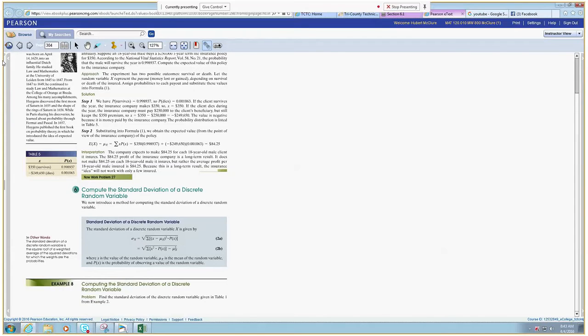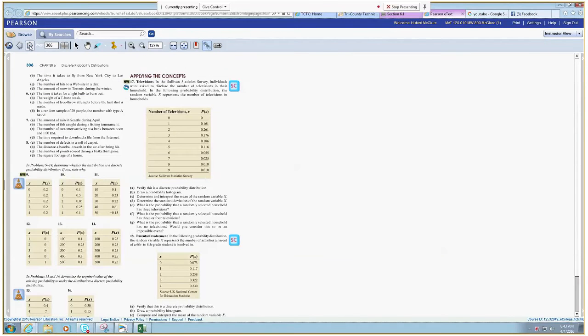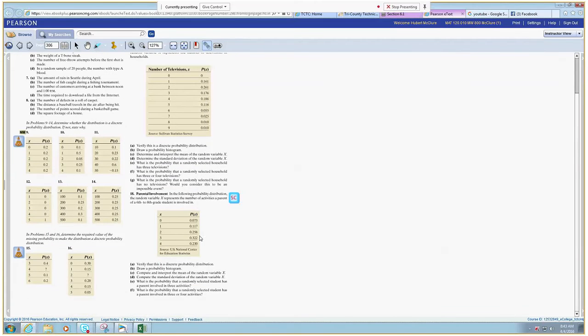Let me find another one and we'll just go with it as soon as I find one. I think that's the one we just did. Right there. There we go. I should give you this one. We'll do this one. National Center of Education Statistics.